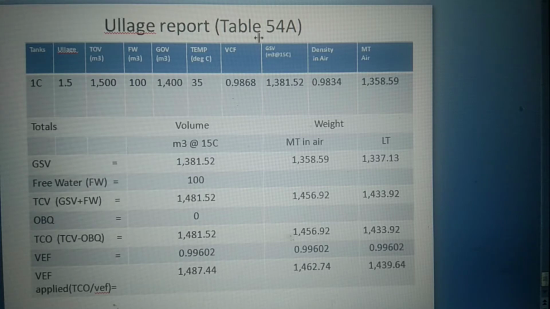Table 54A is for cubic meter figures of petroleum cargo which is not yet refined, such as crude oil, for example.